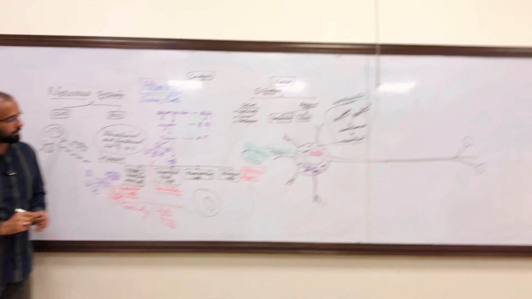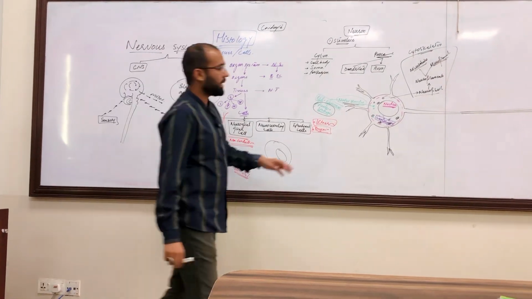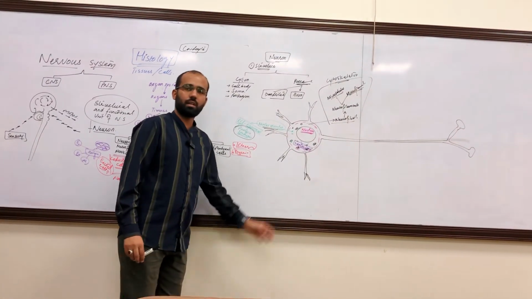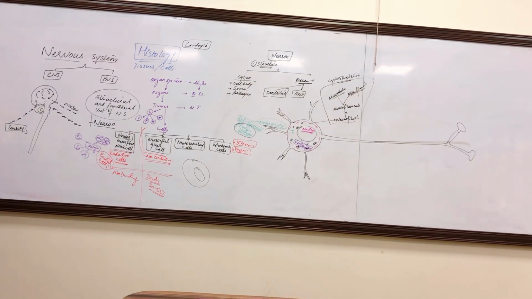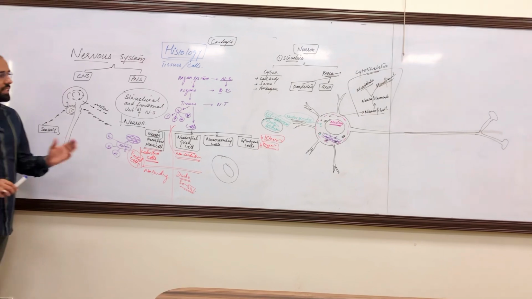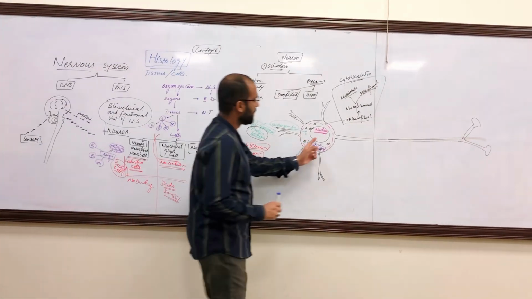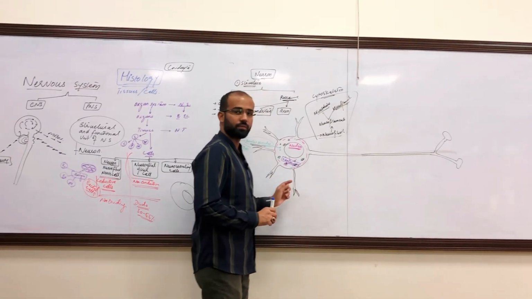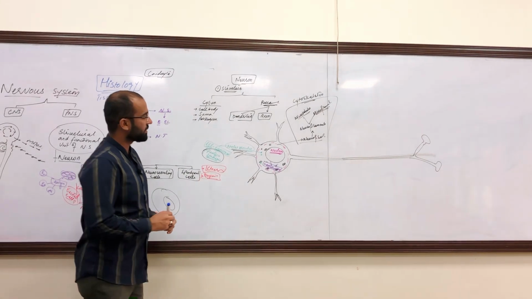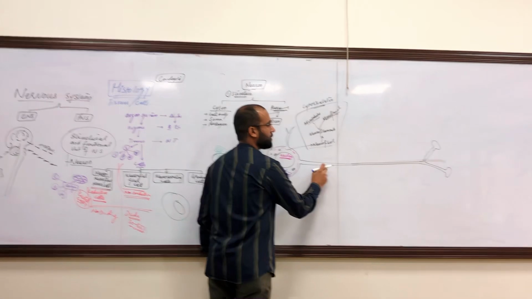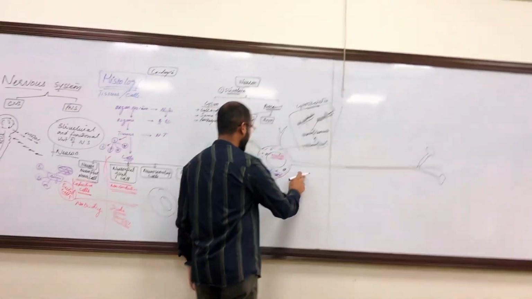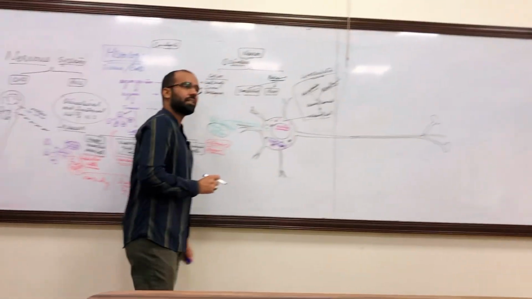What is the dendron and what is the axon in this diagram? Can you highlight it? What is the dendron and what is the axon among these things? It could be the dendron and it could also be the axon, and the same for this. So how can you differentiate it?